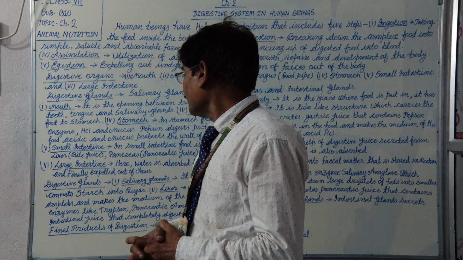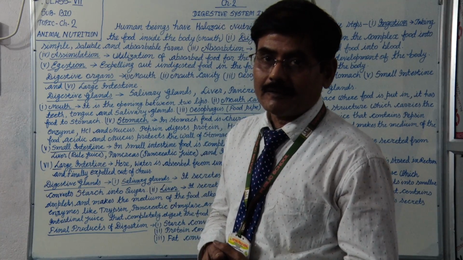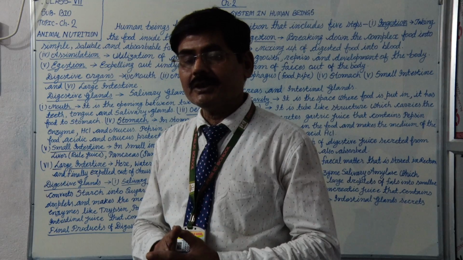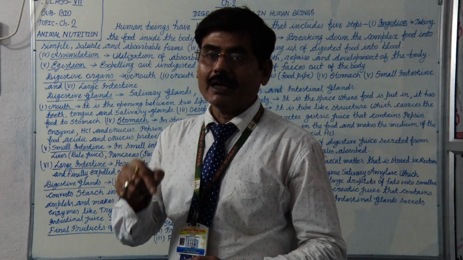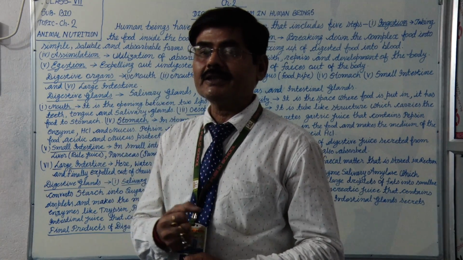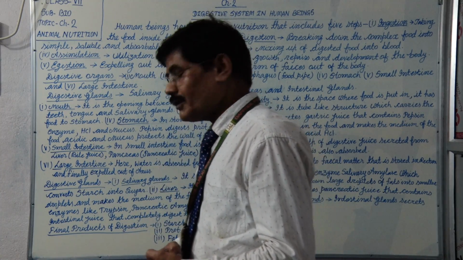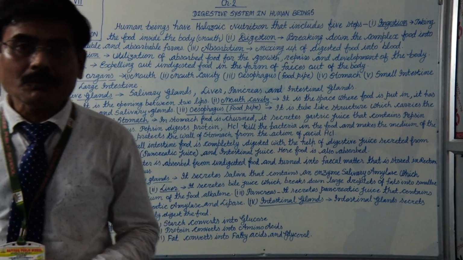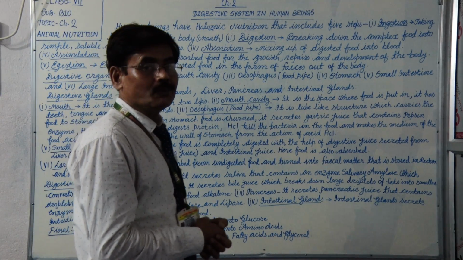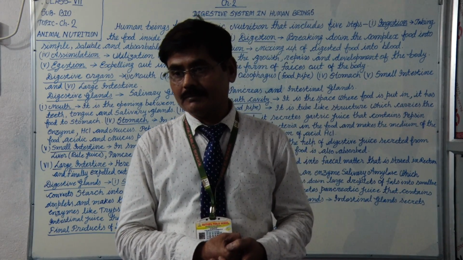Then comes the large intestine. What is the function of the large intestine? In the large intestine, no type of digestion takes place. In the large intestine, water from undigested food is absorbed, and the undigested food is converted into fecal matter.